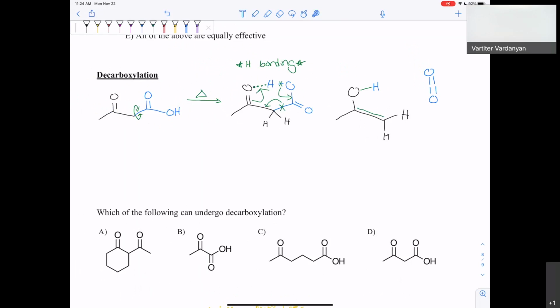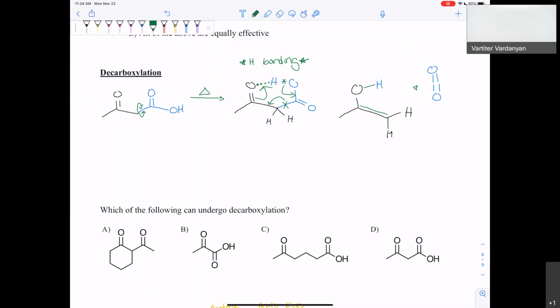Yes. Yeah, so this right here is CO2. And that's always going to be a byproduct of decarboxylation. And the last part I want to show you here is just the ketone enol tautomerization thing. This is not a step of the decarboxylation.